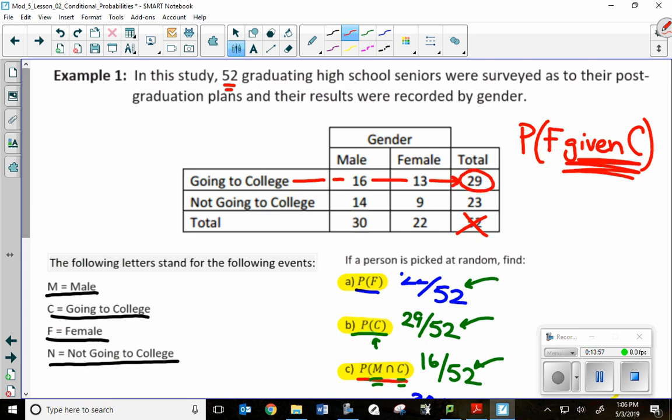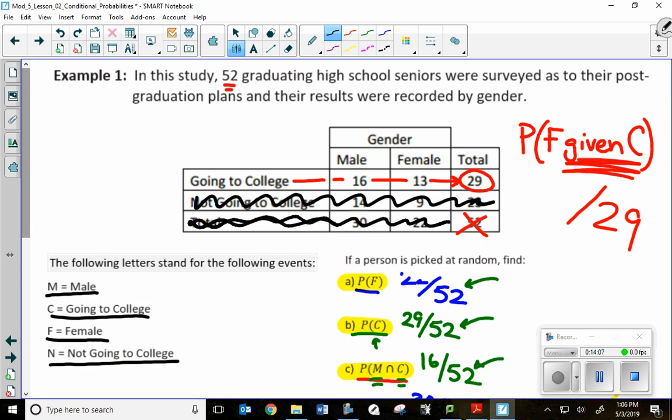These 29 people, so this should be out of 29 because that's what I'm given. Nothing else matters. I don't care about the people not going to college. I don't care about those 23 people. I mean, I do. I'm sure they're nice people. I'm sure they're going to go on to achieve great things. But for this problem, how many are females out of all the group going to college?